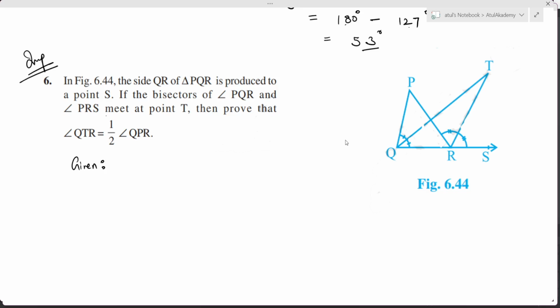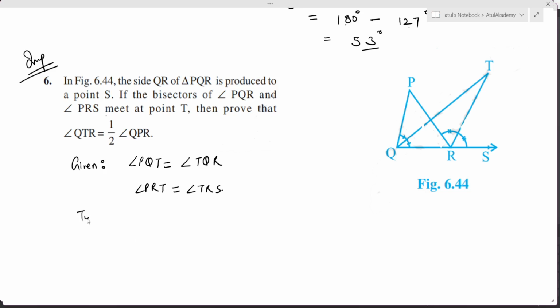That QT is the bisector. If I say QT is the bisector, what do you mean by that? Angle PQT is equal to angle TQR. Can I say that? Then RT is the bisector. If RT is the bisector, angle PRT is equal to angle TRS. That is also given to you.